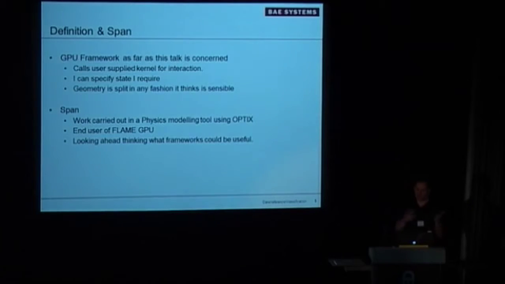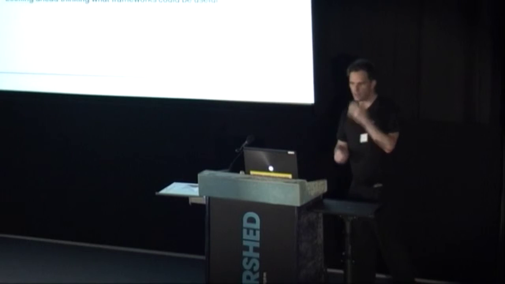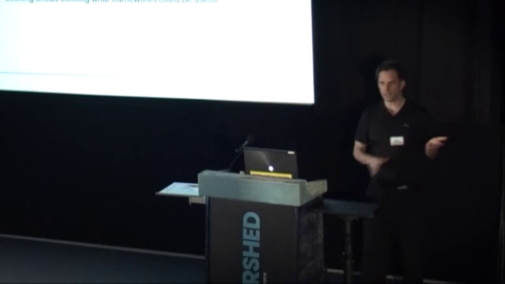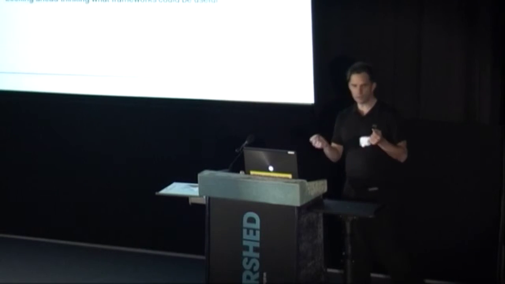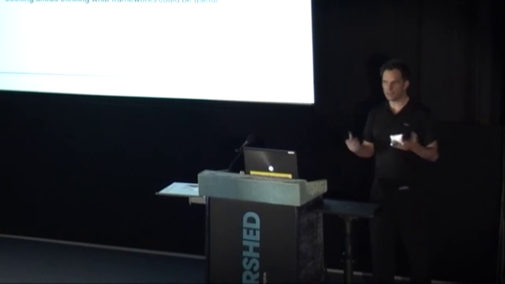So going back to what I'm going to talk about, a GPU framework, as far as this talk is concerned, is where I supply user-defined kernels, and I also define a state vector. And then it does all the tricky stuff in the background, just calling my kernel when an interaction is happening.